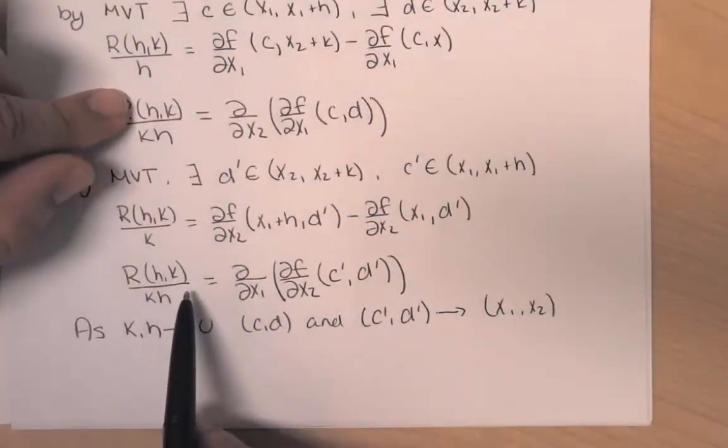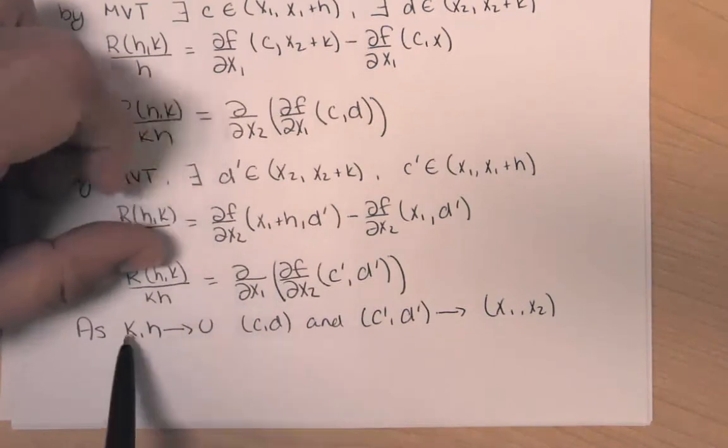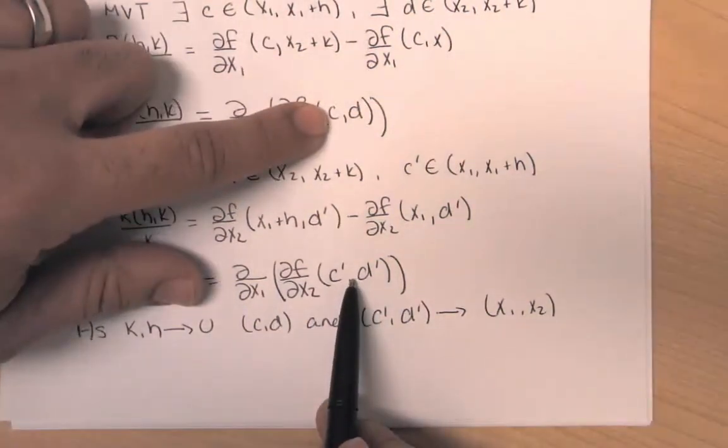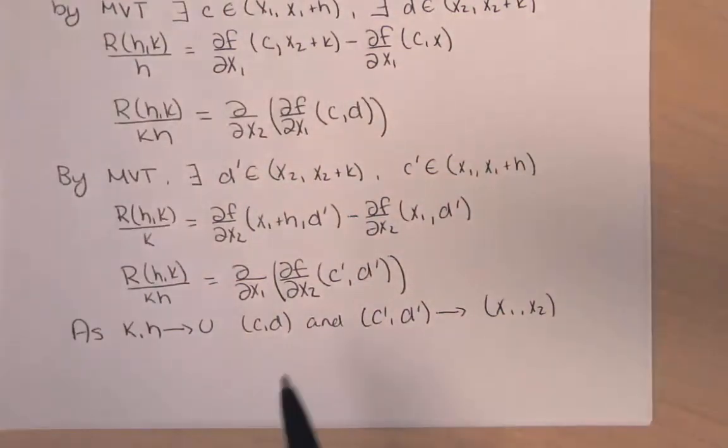And because they're equal, they're also going to be equal in the limit as k and h go to 0. And it's going to assume the value of the limit as k and h go to 0 because of the continuity of the second derivative.